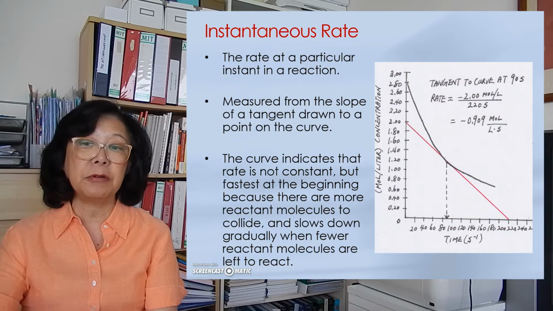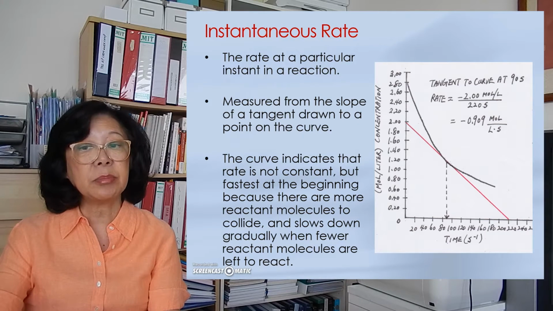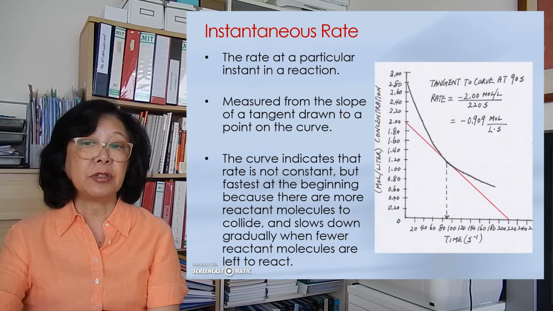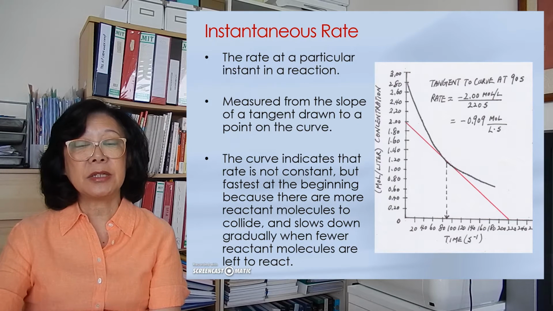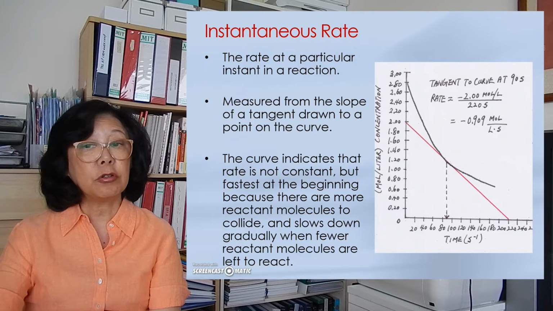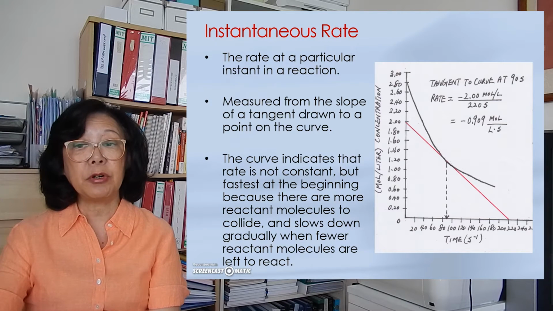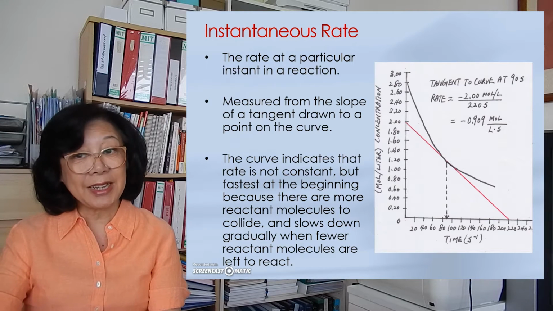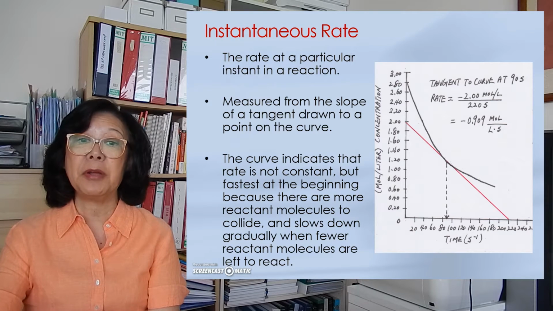If we want to know the instantaneous rate at a given time, let's say 90 seconds, we would go to that point and draw a tangent to the point. Then we would determine the slope, rise over run. In this case, the rise will be the change from 2 molarity to 0 molarity on the concentration, and the run will be between 0 and 220 seconds, and therefore the rate is calculated as 0.909 molarity per second.